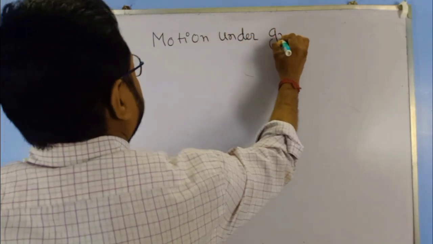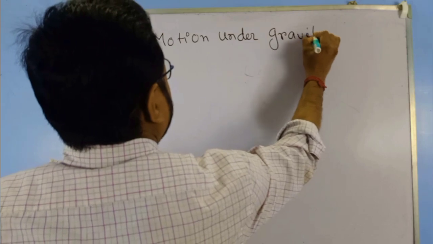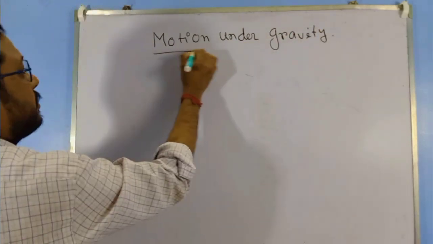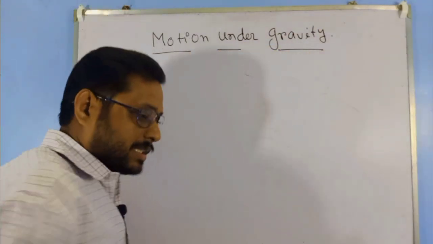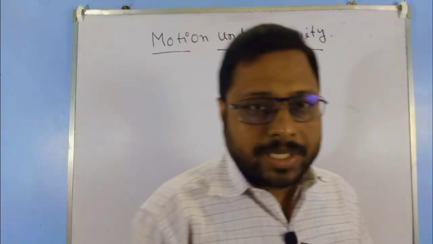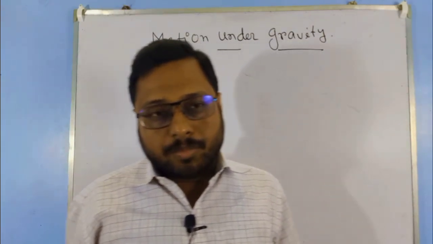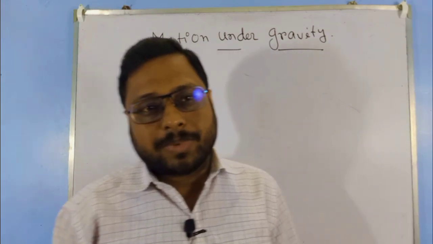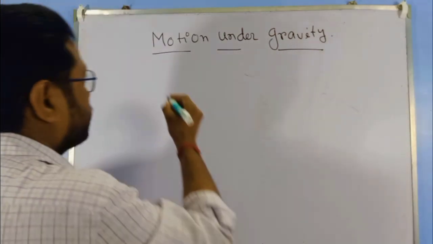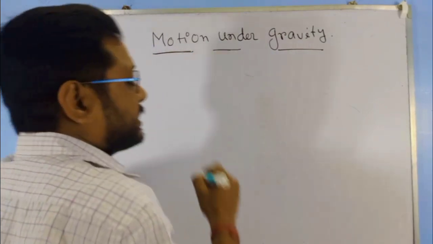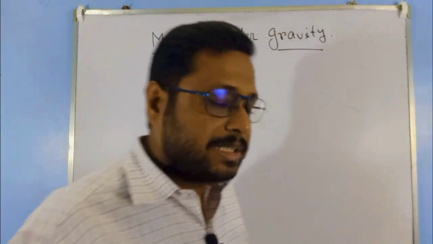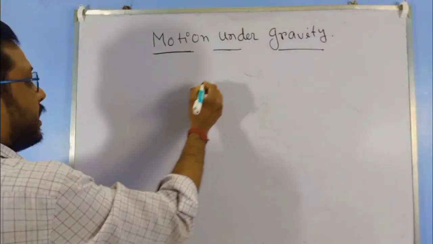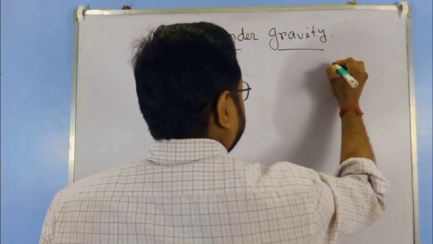Motion under gravity is also a special case of one dimensional motion. But there is a certain difference between the motion of a particle in a horizontal plane and the motion of a particle in a vertical plane. So motion under gravity is specifically the motion of a particle under gravity.